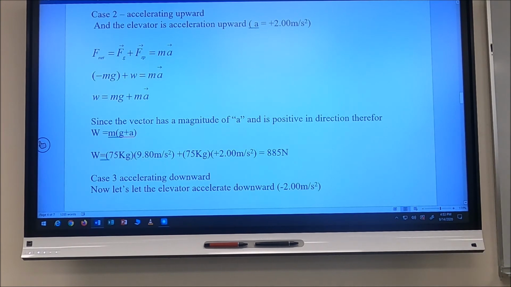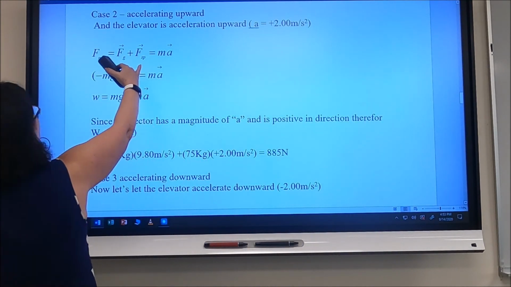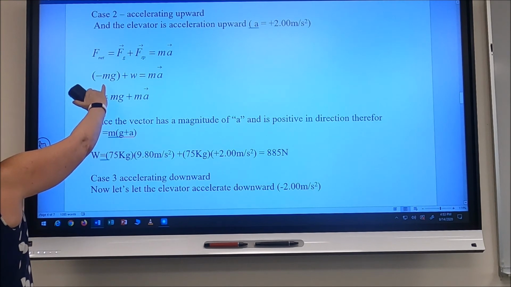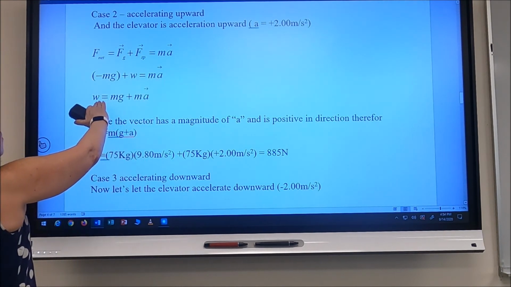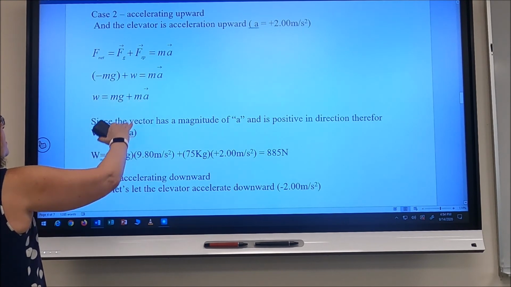So let's have our car accelerating up at 2.00 meters per second squared. Now the net force is force due to gravity plus the force of the spring, and that is equal to ma. So I have minus mg plus w equals ma. So our weight is going to be mg plus ma.